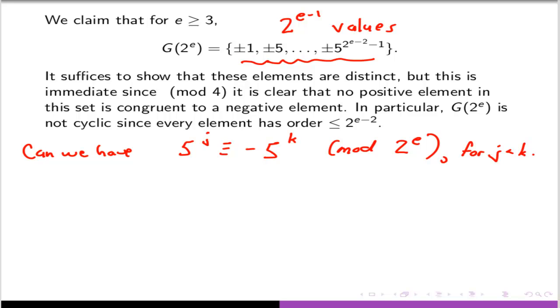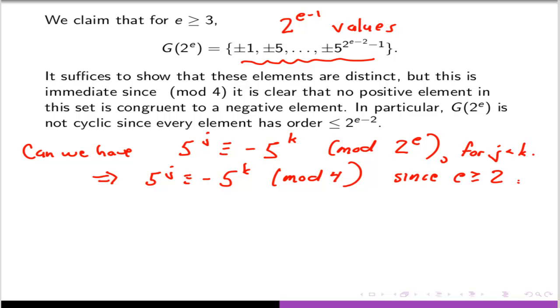Well, that would imply, in particular, that 5 to the j is congruent to minus 5 to the k mod 4, since e is at least 2 in size. E is in fact 3. And that would mean, while 5 is congruent to 1, that 1 is congruent to minus 1 mod 4. A contradiction.